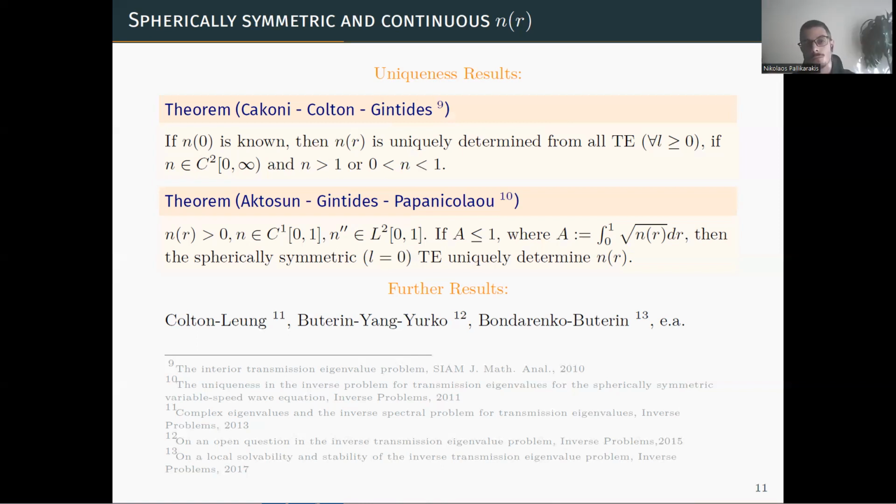And this means that the second derivative of n carries no information about the function n. So this means that in order to reconstruct n uniquely, one should always assume that the first derivative of n is an absolutely continuous function.